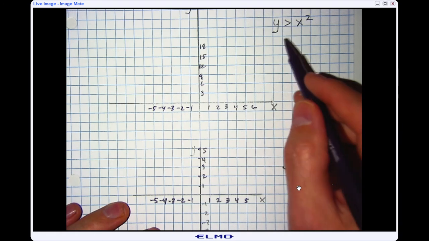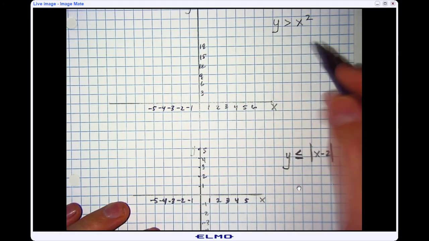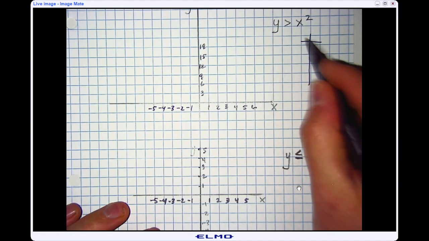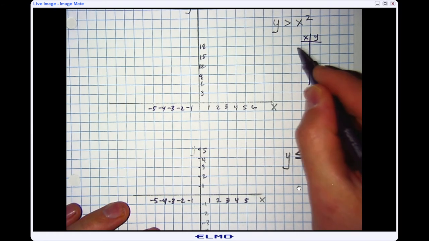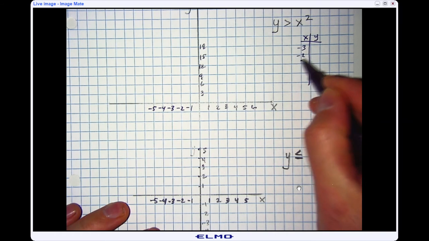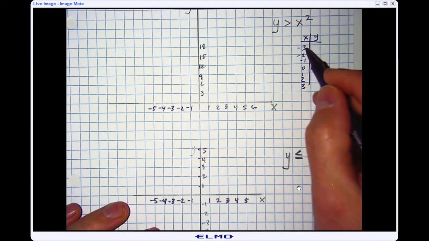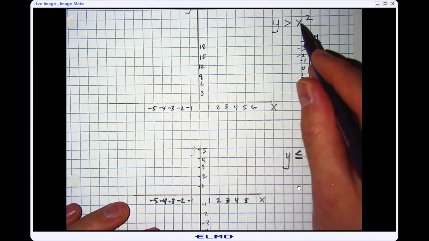So if I was going to graph y equals x squared, what you could do is make a table if you're unsure. So I'm just going to put in numbers from -3 to +3 as an example. So remember, when you plug these in for the variable, they're assumed to be in parentheses.